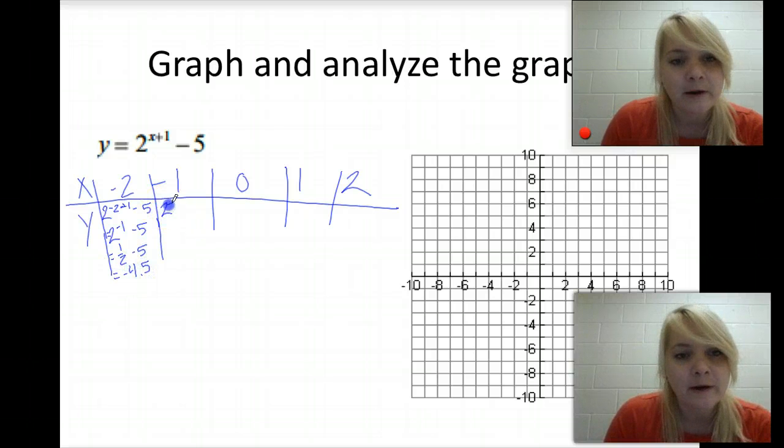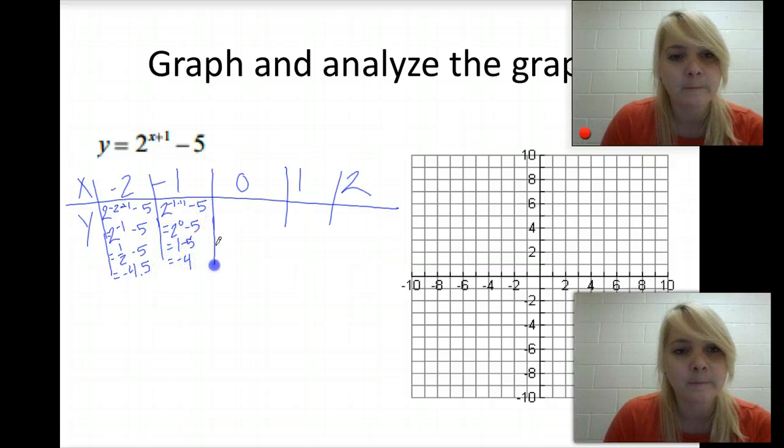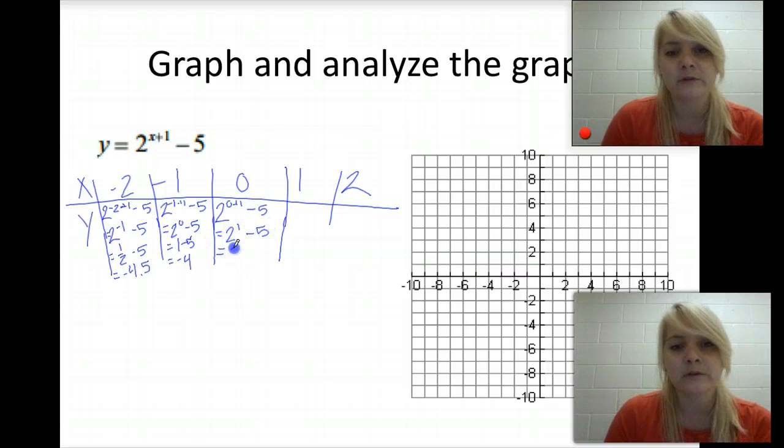And then we get 2 to the power of -1 plus 1 minus 5, which equals 2 to the power of 0 minus 5, which equals 1 minus 5, which equals -4. Then we get 2 to the power of 0 plus 1 minus 5, which equals 2 to the power of 1 minus 5, which equals 2 minus 5, which equals -3.